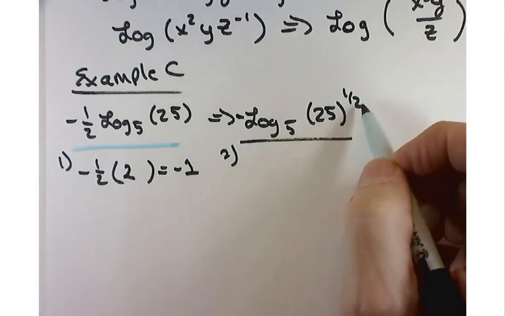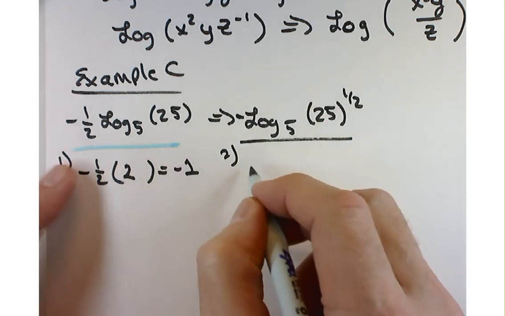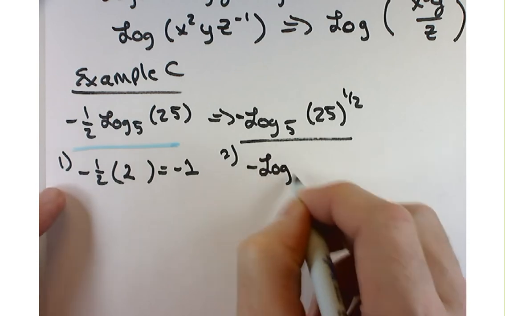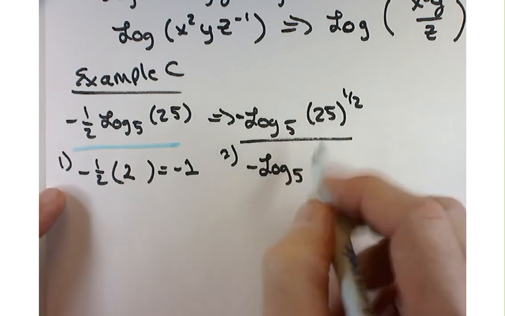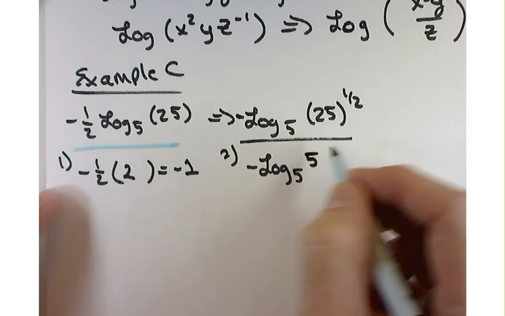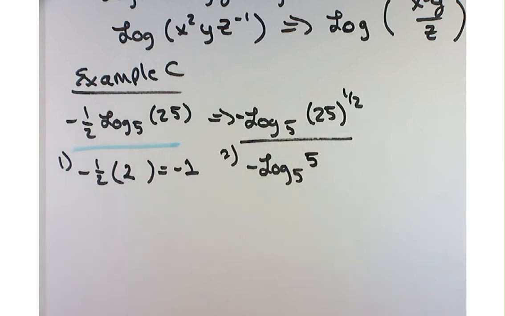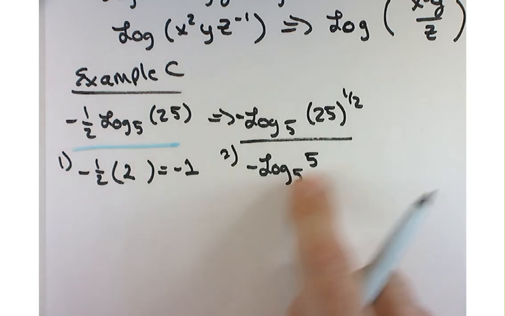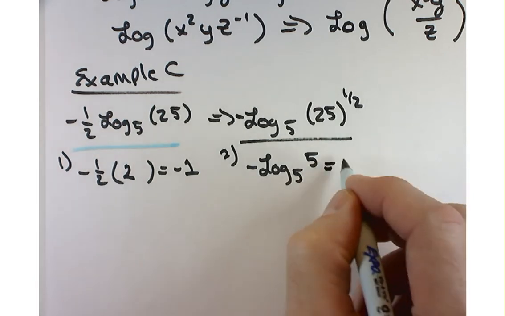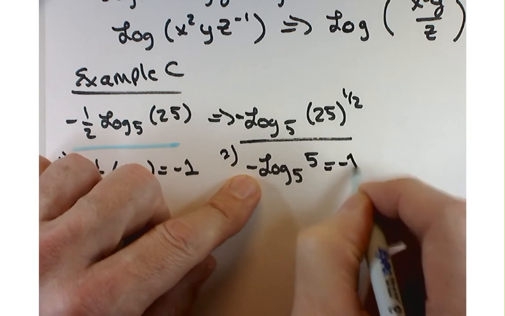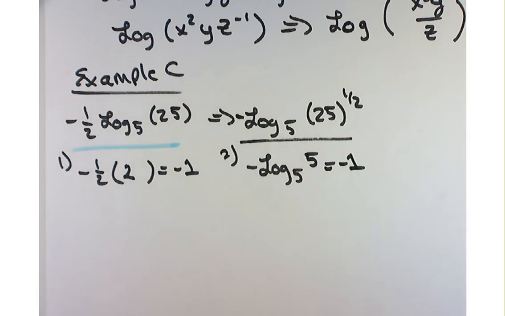What's 25 to the 1/2? What's something to the 1/2 power? Square root. Square root of 25 is 5. Nice. And now I'm going back to one of our properties again. What power of 5 gives me 5? 1. The negative's still out in front, so I get negative 1 again.